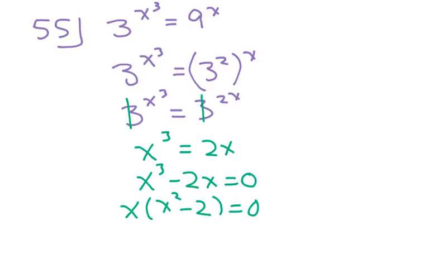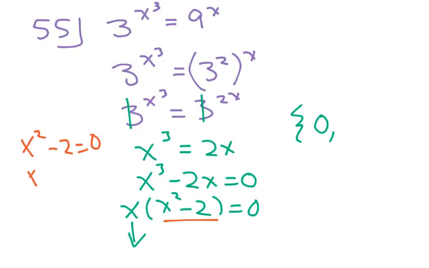So basically I have my solution set. This one can be x is 0, and if I set this portion to 0, I get x squared minus 2 equals 0. x squared equals 2. Square root both sides. Don't forget your plus and minus, so x equals plus or minus root 2. So that's your solution set.